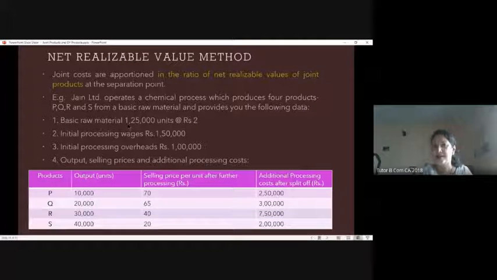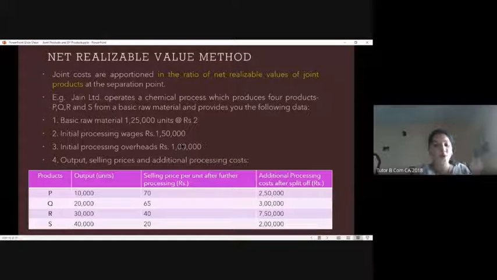Because here they said the basic raw material is 1,25,000 units at the rate of 2. So it will be 2,50,000. Then we have 1,50,000 as initial processing cost. We have initial processing overhead cost is 1 lakh. The total of that will be 5 lakh. This needs to be apportioned. This needs to be shared between all the joint products, that is PQRS in this case.